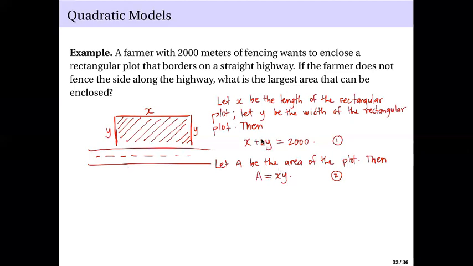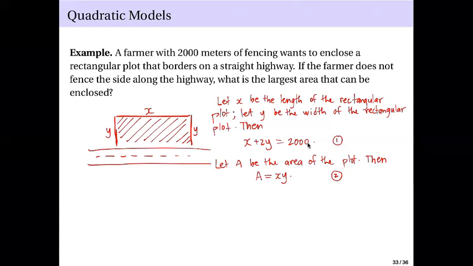Now, we have two variables here, x and y. So what we're going to do is to eliminate one of the variables. Okay? And to do that, we write one variable in terms of the other, and then substitute that into equation number 2, so that this A will just be a function in terms of one variable. Okay?